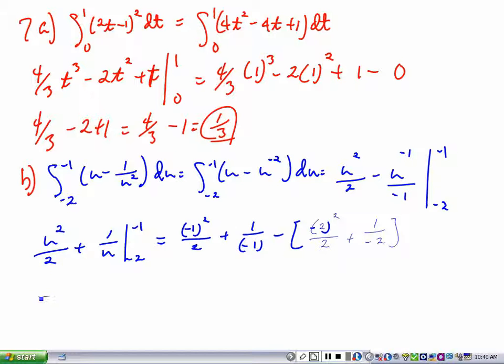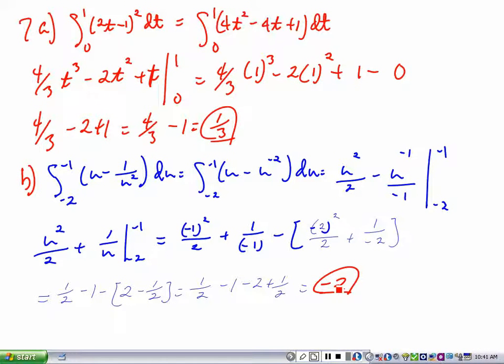So we simplify all of this. This is 1/2 minus 1. This is minus brackets 4 divided by 2 is 2 minus 1/2. So we have 1/2 minus 1 minus 2 plus 1/2. So we get 1 minus 1, that goes out, so our answer is negative 2.